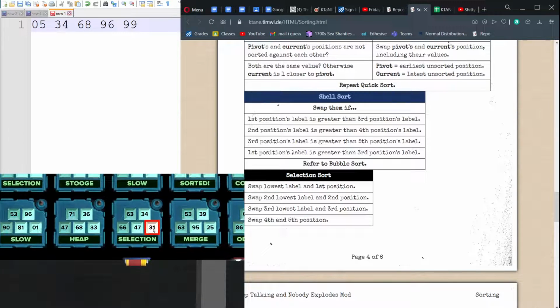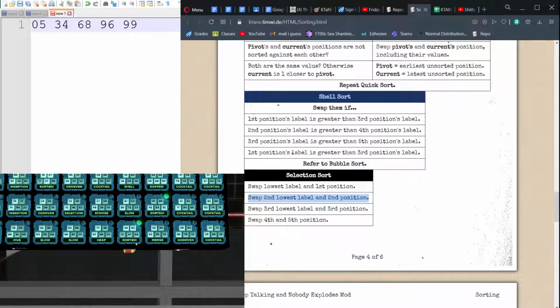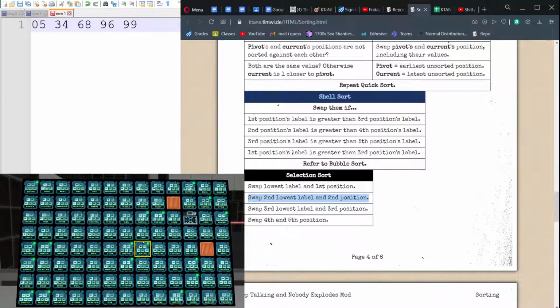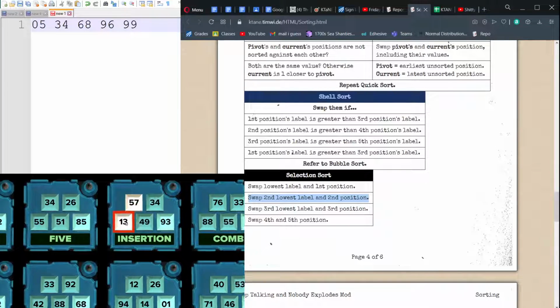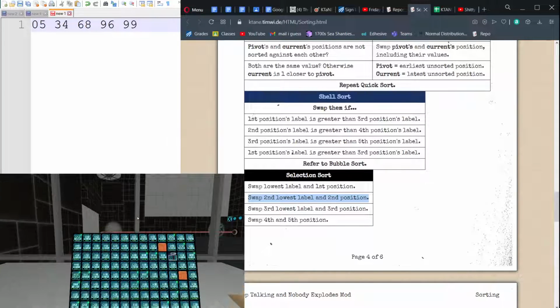So 31 is the lowest, so it goes here. And the second lowest is the second position, so this, and essentially what you do is you find the smallest label, and then you put it in the first spot. So yeah, smallest here, and then second smallest here. How could there possibly be? Which one did I do again?